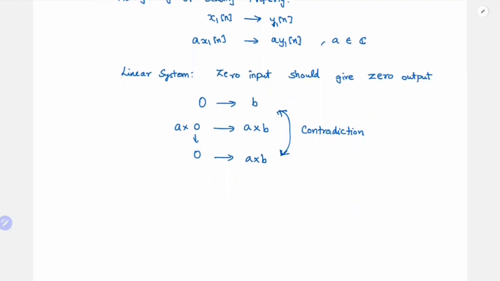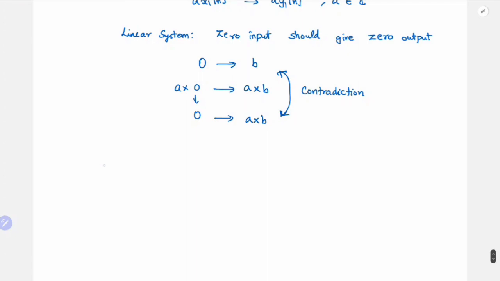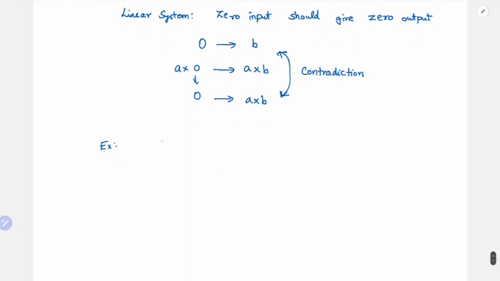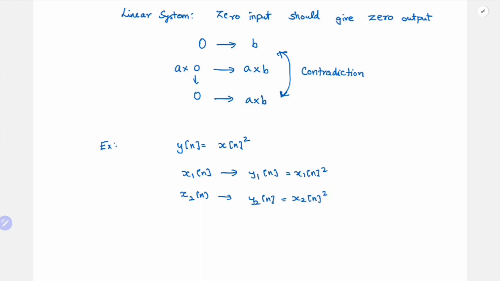Okay. So let us see some examples. First we'll see a non-linear system. So it is very simple. Let's say y of n equals x of n whole square. Then what happens? Let's first check the additivity property. So here x1 of n will give me y1 of n, which is nothing but x1 of n whole square. And my x2 of n will give me y2 of n, which is x2 of n whole square.